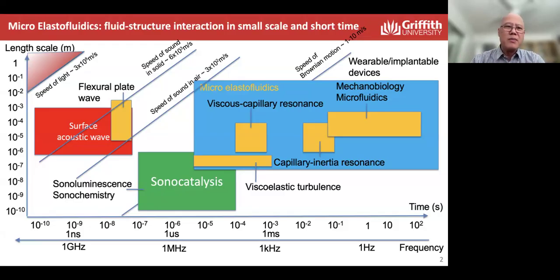So we think we can manage with our micro technology, making devices down to micrometers or smaller than micrometer scale, and working with interaction that happens now faster than 1 millisecond or 1 microsecond. And you have all these phenomena like viscous capillary resonance, capillary inertial resonance. We also have mechanobiology, interaction with cells, which happen in the same small scale but much slower.